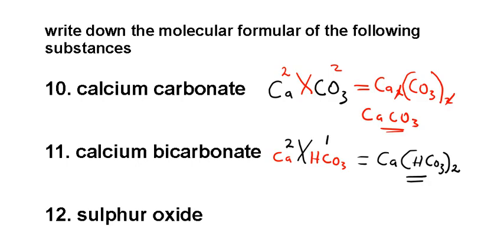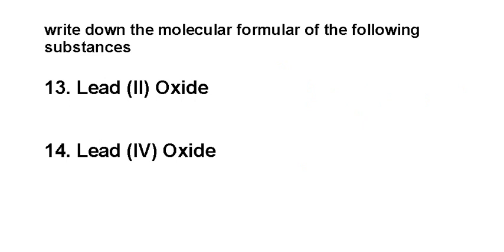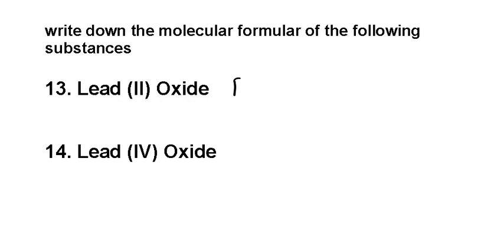Okay, let's go ahead and look at lead(II) oxide. This one is very simple. Lead is Pb, and the 2 shows it has a valency of 2. Oxygen also has a valency of 2.